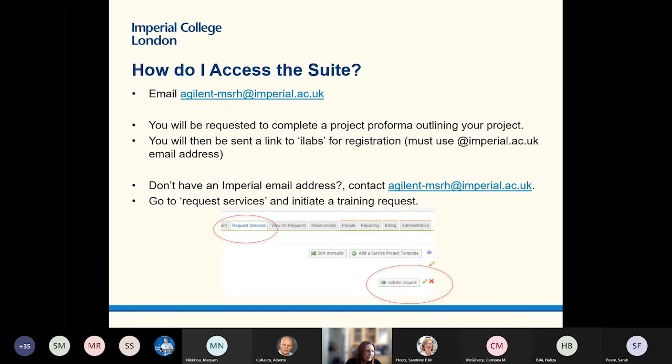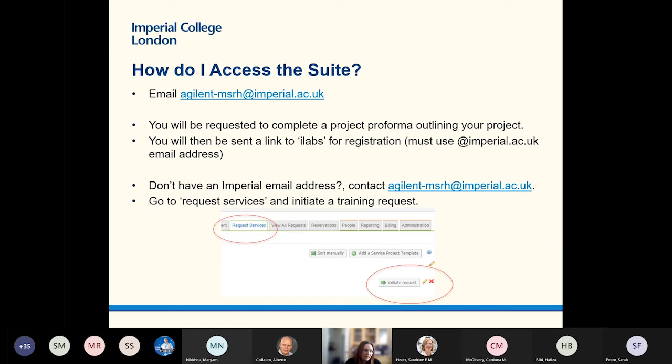So to access the AMS, you need to email the Agilent MSRS email address, and you'll be asked to complete a project pro forma, which just outlines what you want to do and what instruments you might be interested in learning how to use. You'll then be sent a link to iLabs for registration. Now, iLabs is an Agilent-owned booking system, so it works slightly differently to PPMS.